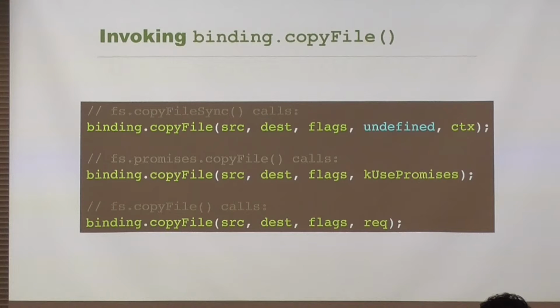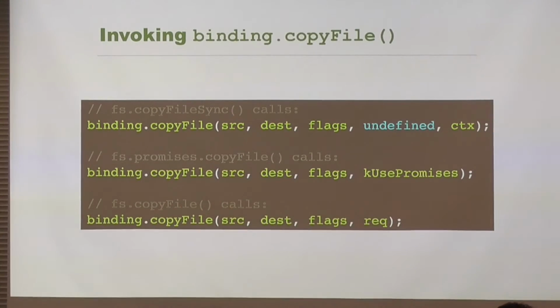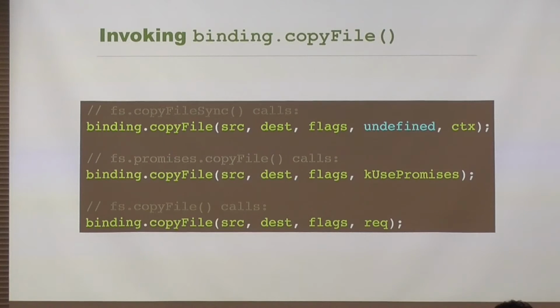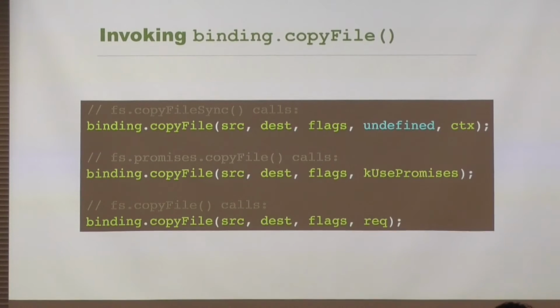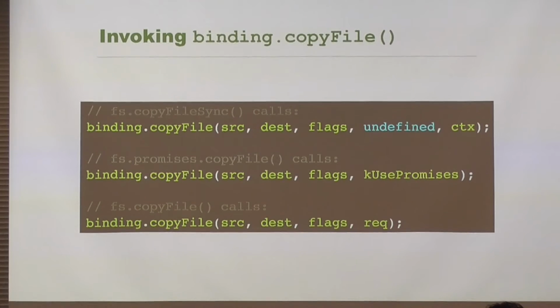And then we either pass undefined and a context object, or a kUsePromises symbol, which will let the binding layer know that we're doing something with promises, or we're going to pass in this request object, which is just a C++ object that the binding layer knows indicates a callback-based call.